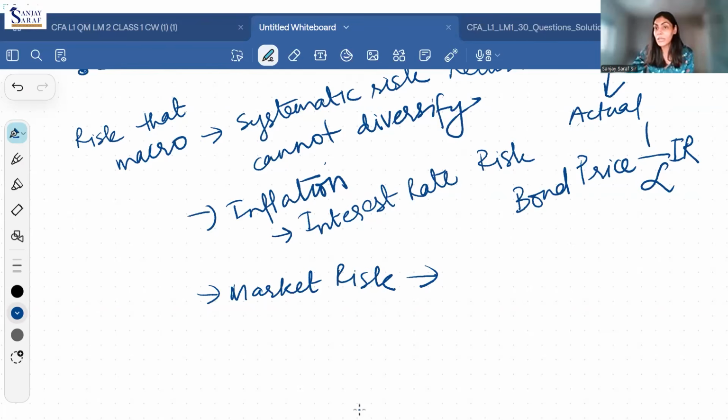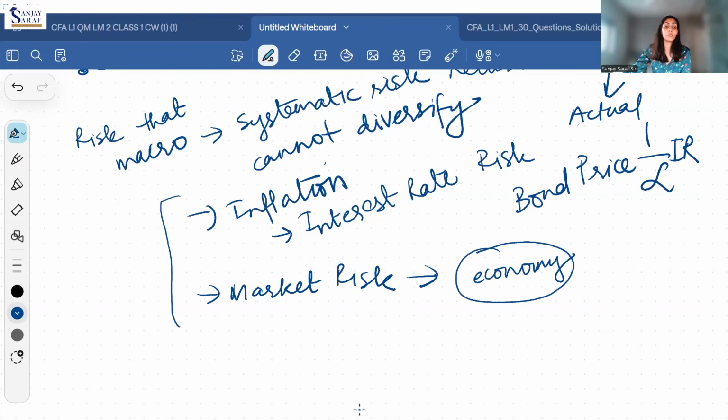So there are going to be events essentially that are going to impact the entire globe, the entire market, the entire economy. You cannot predict them, you cannot diversify against them. It is going to have an overall impact. So these are a few examples of systematic risk that you cannot diversify against and are called macro risk.